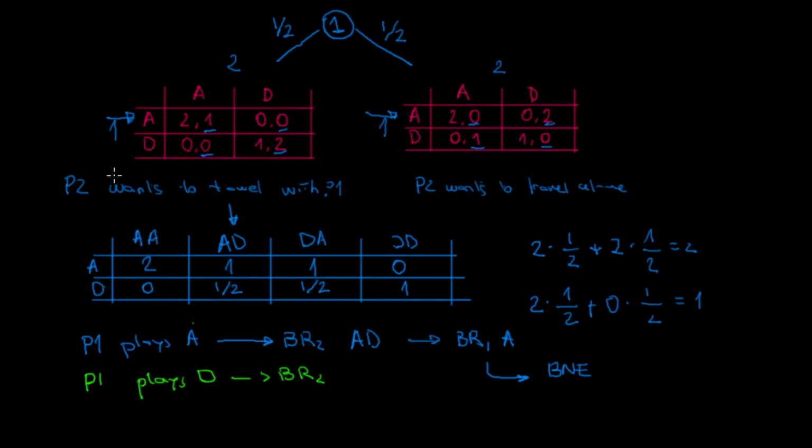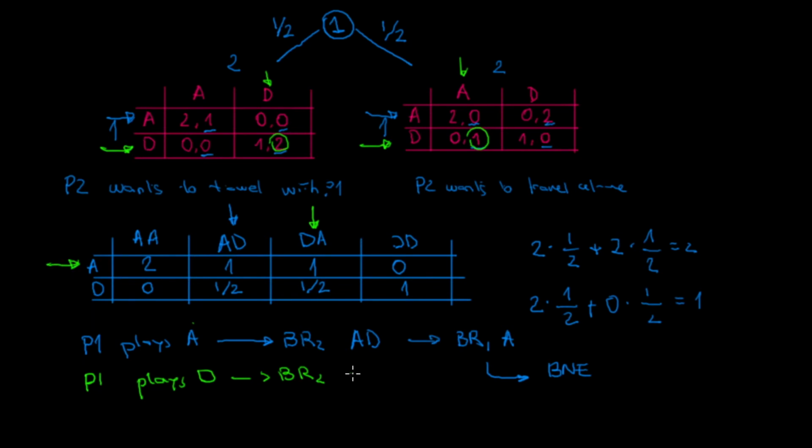In the first type he'll choose 2 because it's greater than 0, so Denmark, and here 1 is greater than 0, so Australia. So we have Denmark, Australia. The best response for player 1 is going to be Australia, because 1 is greater than 1/2.